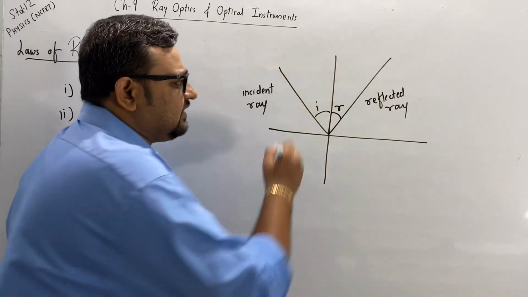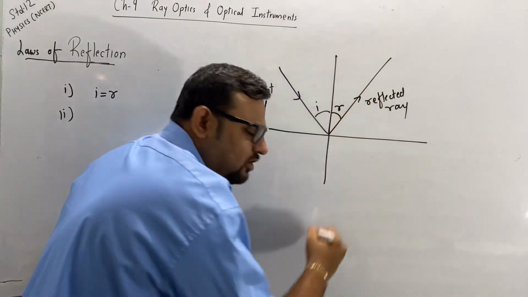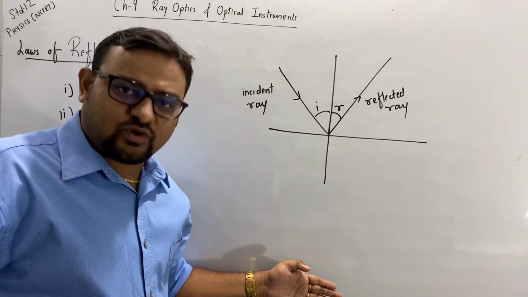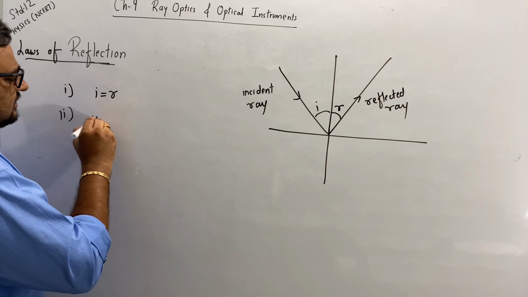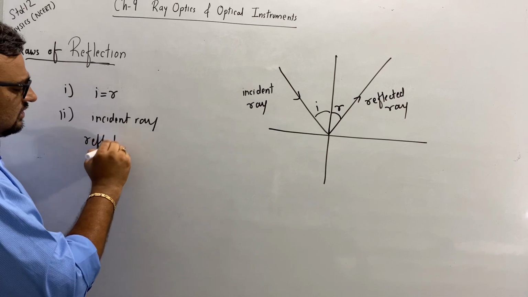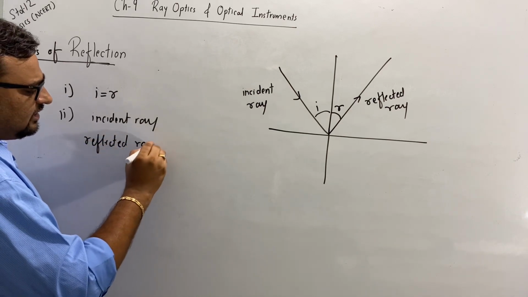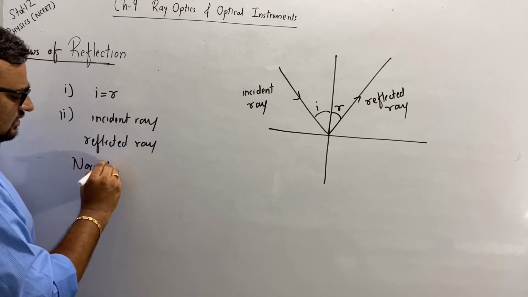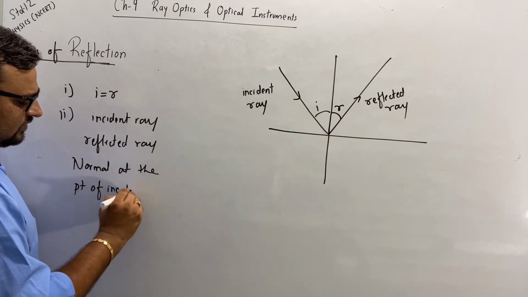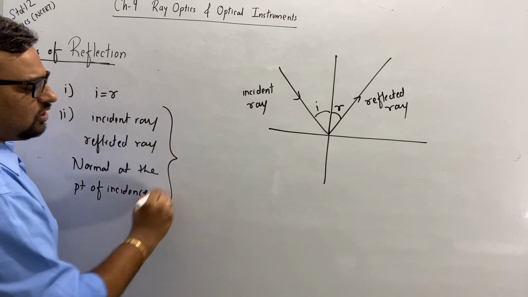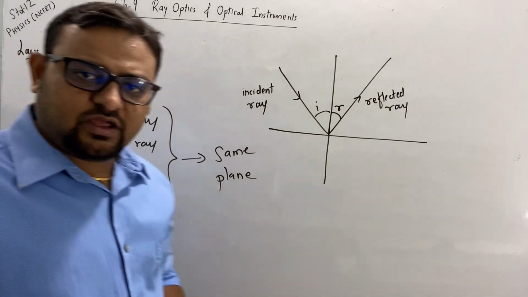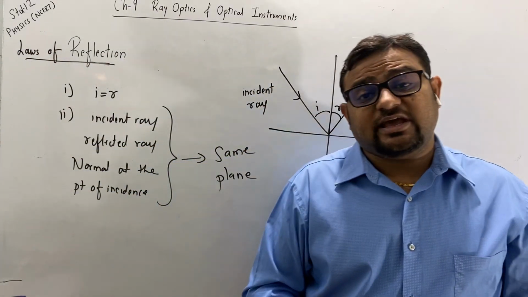The incident ray, the reflected ray, and the normal at the point of incidence are all in the same plane.